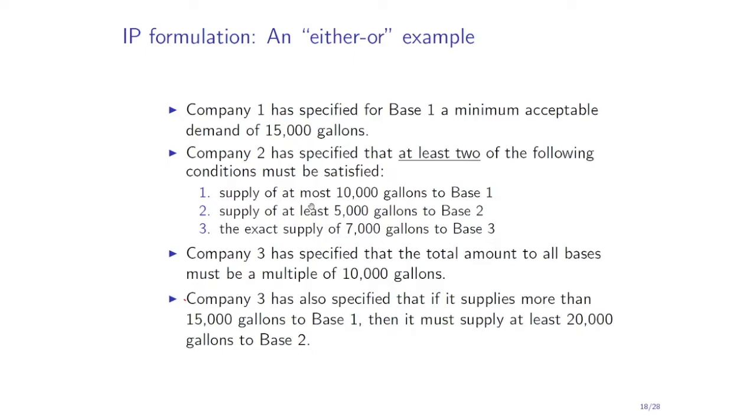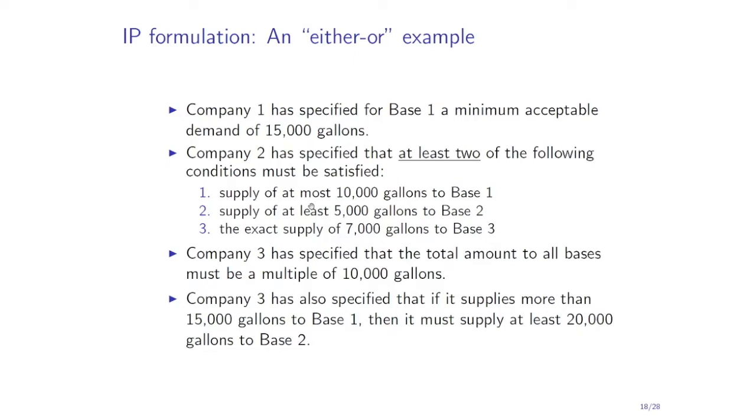So at least 2 of these conditions must be satisfied. Company 3 has specified that the total amount to all bases must be a multiple of 10,000 gallons. Also, company 3 has specified that if it supplies more than 15,000 gallons to base 1, it must also supply at least 20,000 gallons to base 2.